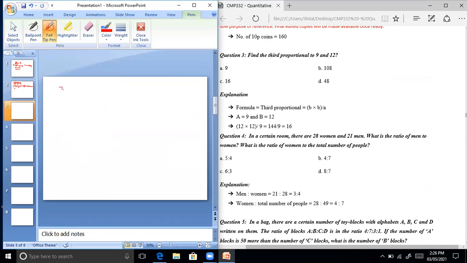The formula: third proportional equals b into b by a, where a equals 9 and b equals 12. So this is 12 into 12 divided by 9.